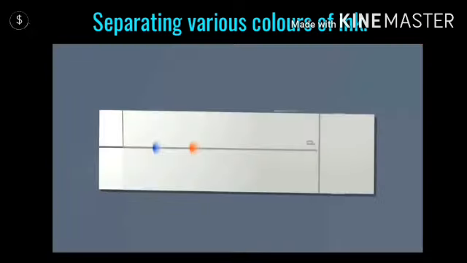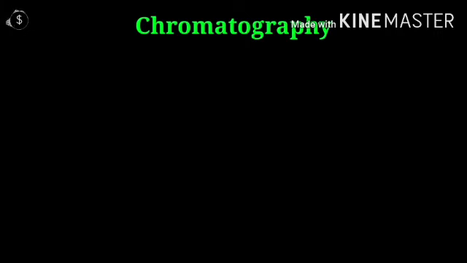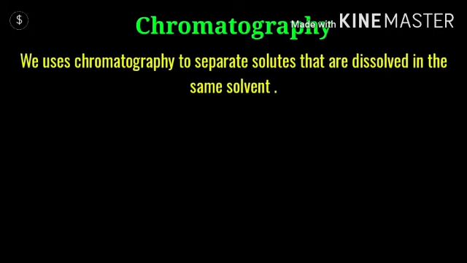In this way we get the different colors of the ink. So this is the method of separating colors of dyes, known as chromatography. Chromatography is the method of separating different components which are dissolved in dyes or ink.